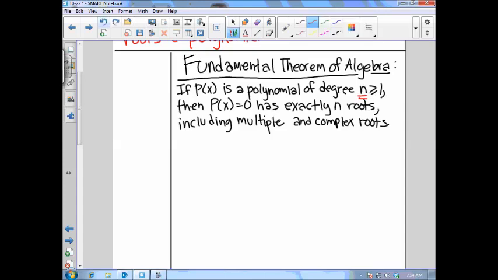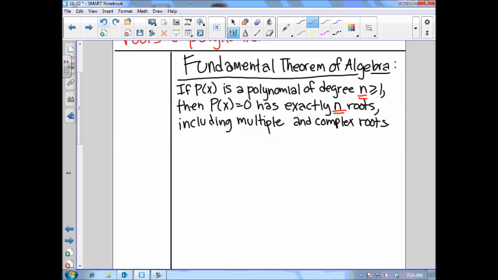If the degree of the polynomial is like 5, is 5 greater than or equal to 1? Yeah, then the polynomial has exactly how many roots? 5. So it matches the degree.